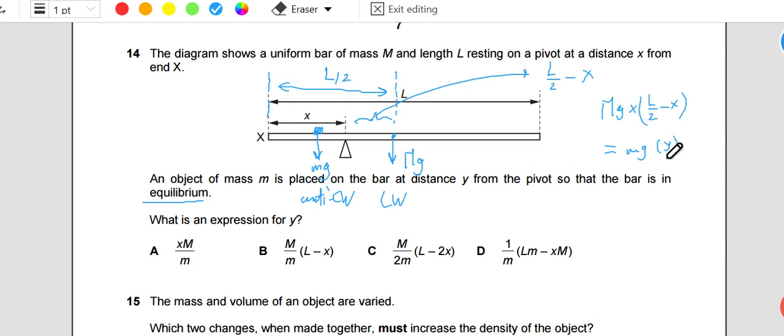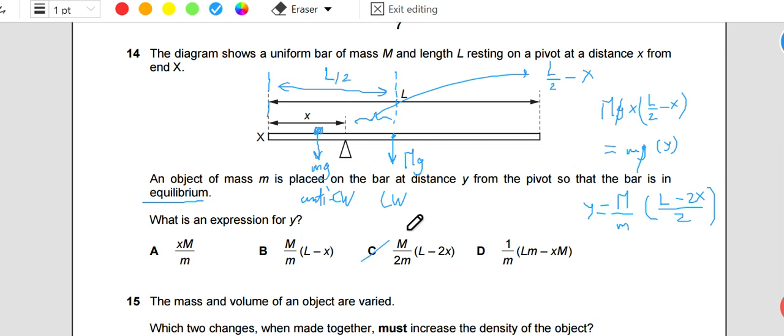Okay, we can eliminate g from both sides, and we have y to be m over small m. This can be written like that. So the answer.